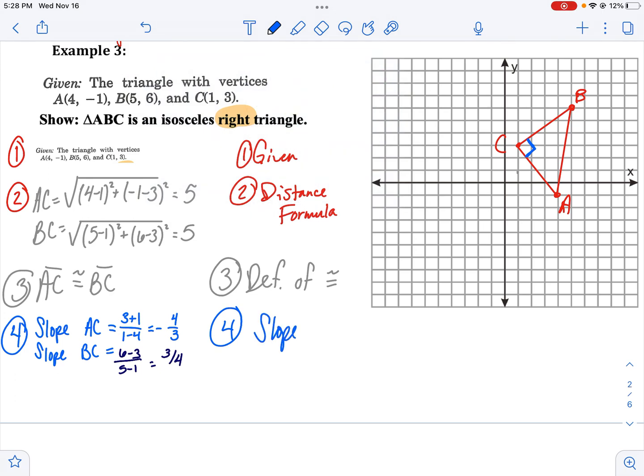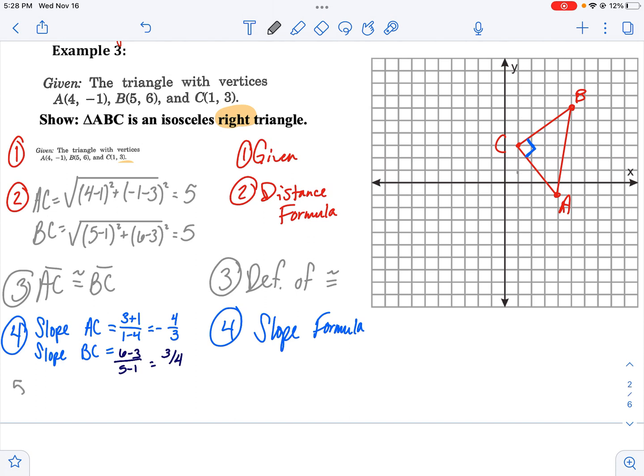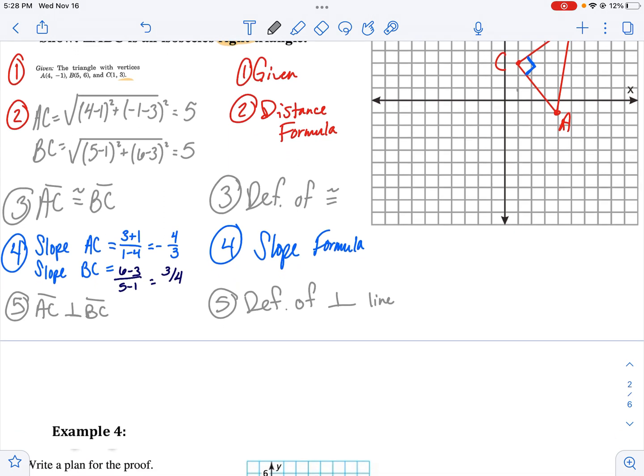So by the slope formula, I found the slopes. They are opposite reciprocals, which means that AC must be perpendicular to BC by the definition of perpendicular. And then, since they are perpendicular, I can claim that angle C is a right angle.